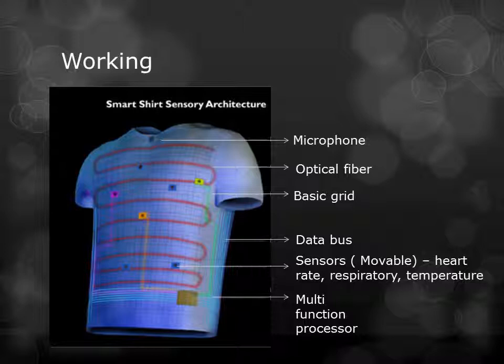So this is a very important concept because it helps us not waste time on not so critical injuries. Apart from this, the sensors on this particular smart shirt are movable based upon the size of the wearer. So this pretty much covers how the smart shirt works.